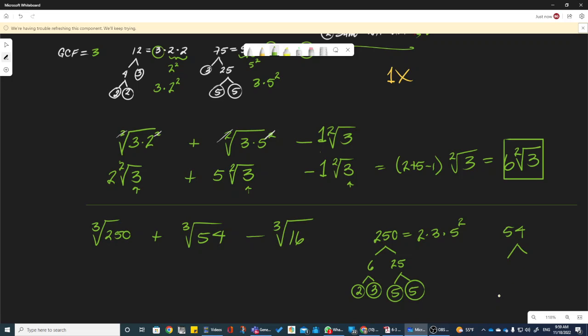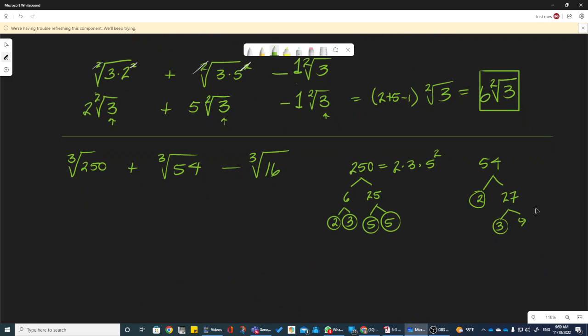Okay, so 54 is 2 times 27. Okay, and then this one is 3 times 9. And then this one, it's 3 times 3.